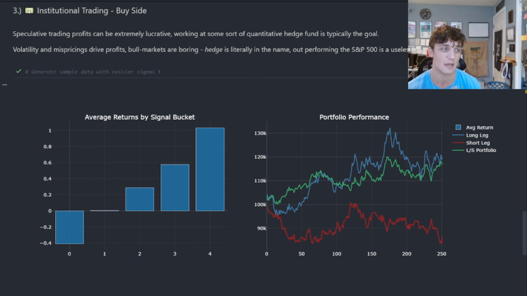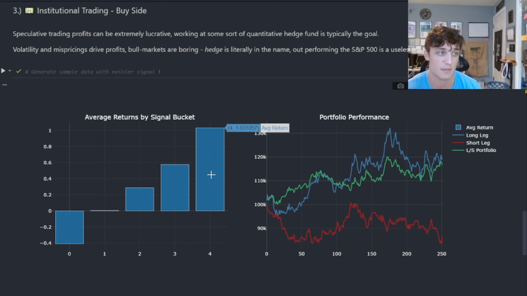Okay, you do this for a time series of scores, and you can construct a signal, and you can analyze its returns in the cross section by doing something like this. What we've done here is a quantile plot of the signal relative to the average returns for that signal. So the lowest bucket here is the lowest signal value, and the highest bucket here is the highest signal value. And what I can do now is construct a long short portfolio.